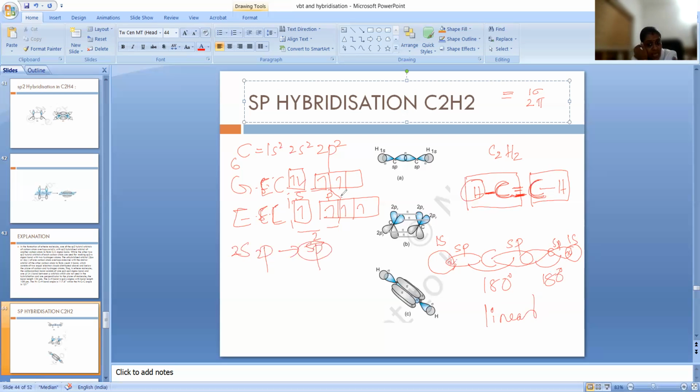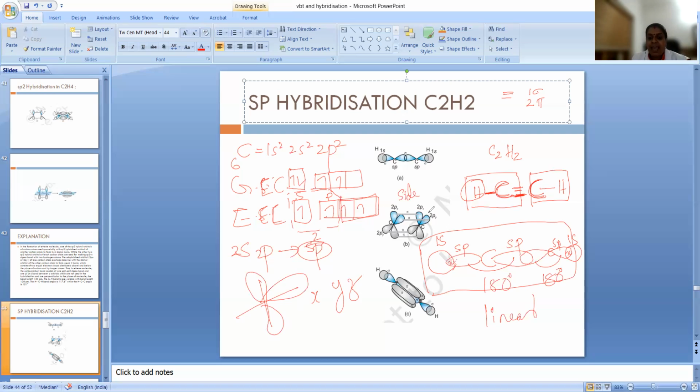So what will happen to these unhybridized 2p orbitals? Just like we have x, y, and z axes, suppose this bonding is taking place in the x axis; in the y and z axes you can see 2p orbitals, right? That 2p orbital will overlap with the p orbital of the adjacent carbon, that is also unhybridized, and you will get 2 pi bonds here by sideway overlap.